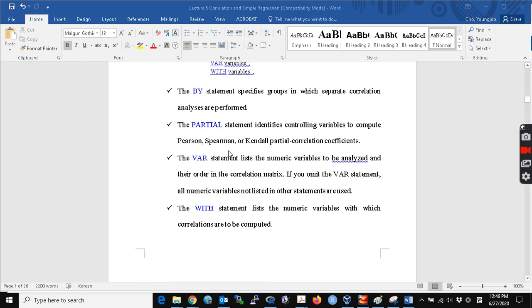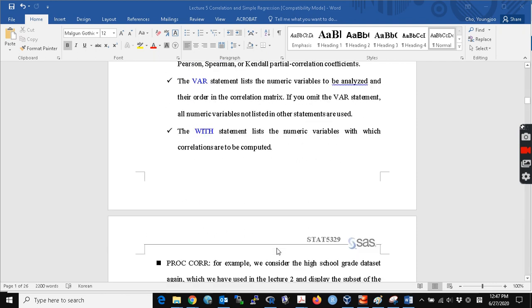And then the VAR statement is where you specify the variables for which you want to compute the correlation. If you omit this VAR statement, you ask SAS to compute the correlation for all pairwise numeric variables. And the WITH statement lists the numeric variables with which correlations are to be computed.